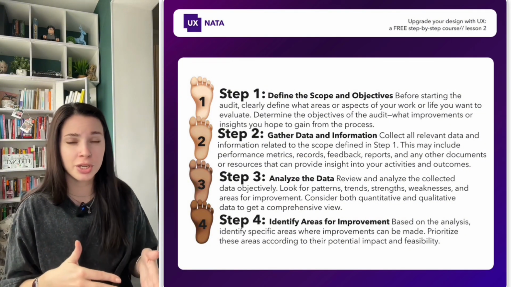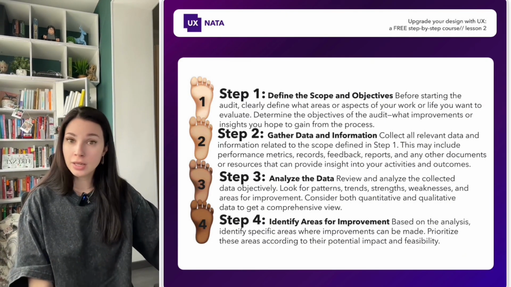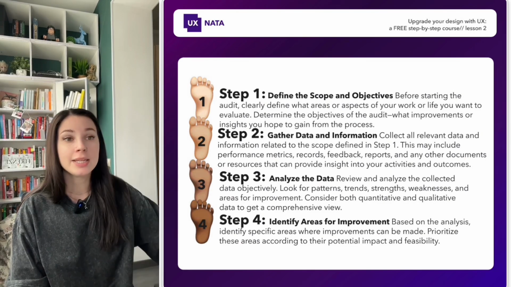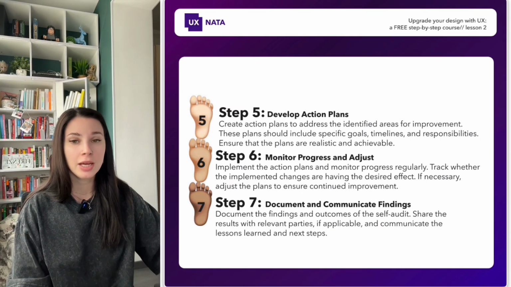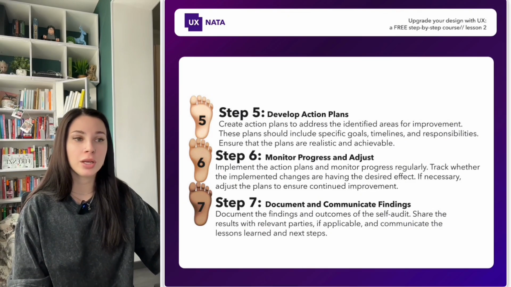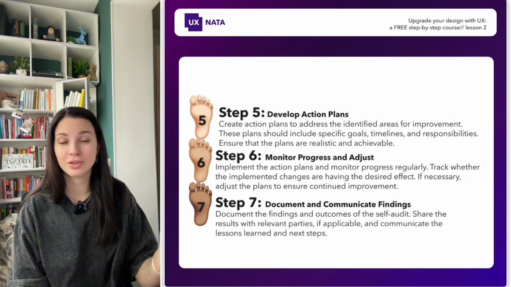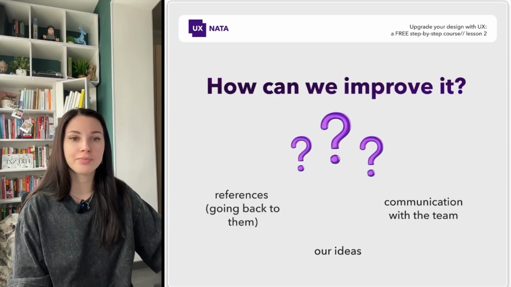Use Claude or ChatGPT to make it faster and easier, I think. Analyze data, then identify areas for improvement. Develop action plans, monitor progress and adjust. And finally, document and communicate findings with the stakeholders and with your team, if you have a team, and so on.